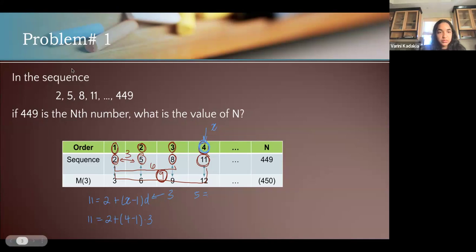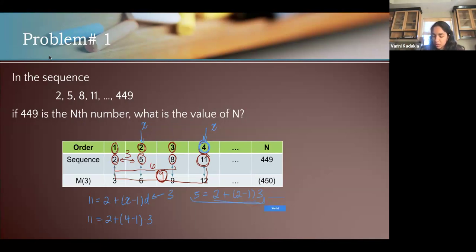It'd be equal to 2 plus x minus 1 times d. Does everyone understand how I got this?